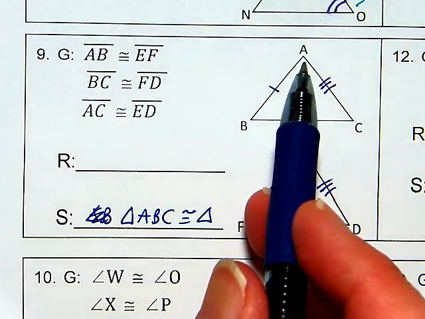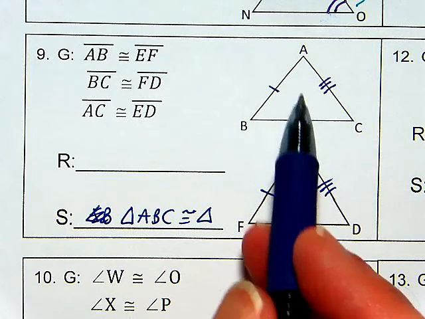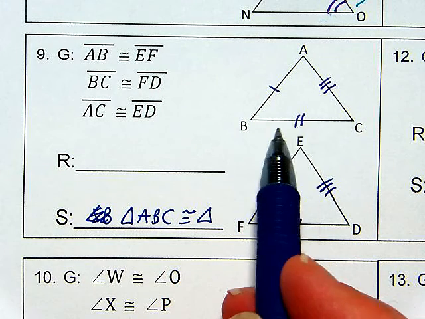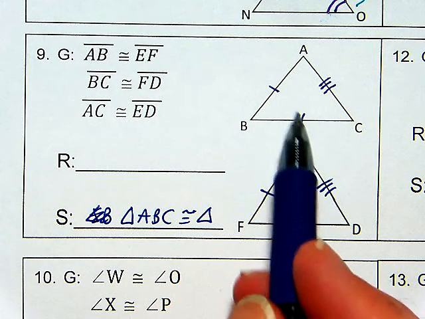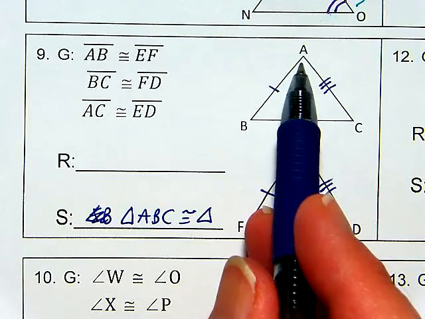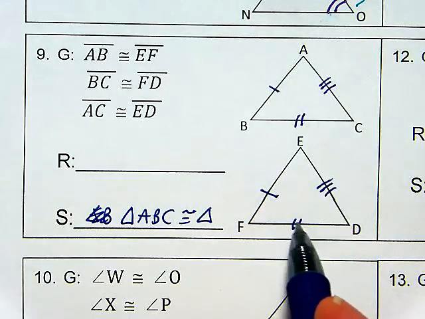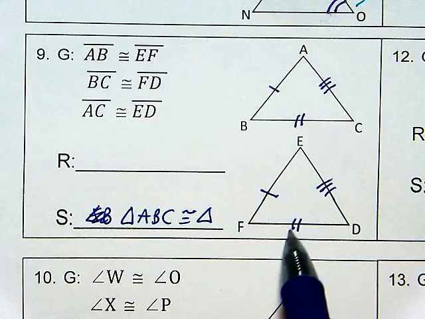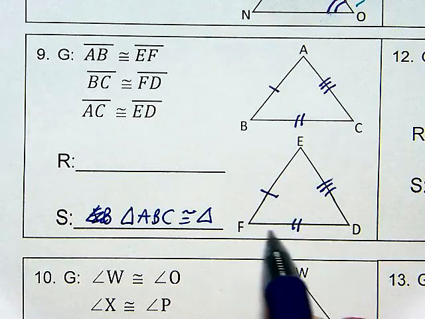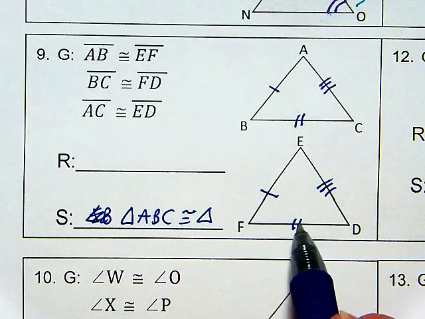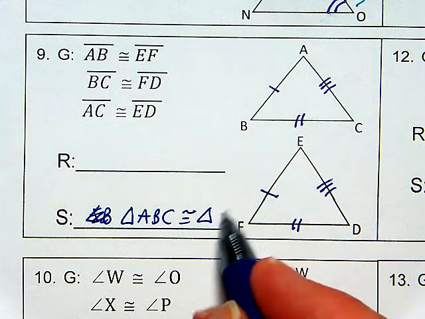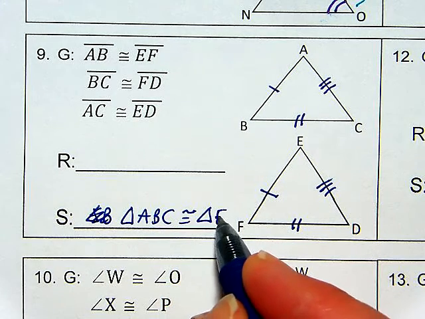One way, if you're good at determining which side is opposite the angle, we could look at angle A and notice that the side with the double markings is opposite A. So we can go to this triangle and look at which vertex is opposite the double lined side. Here the double line side is FD, which is opposite vertex E. So that would be the first letter here.